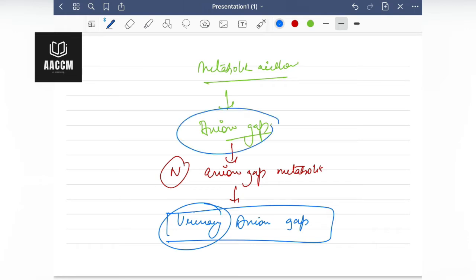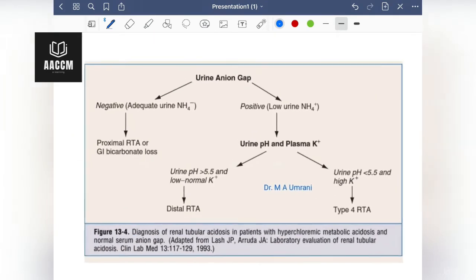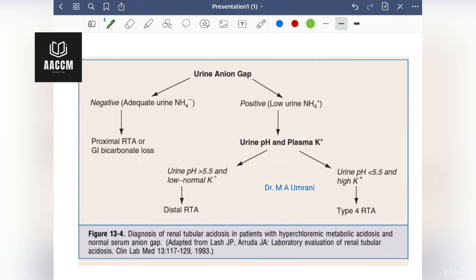The normal anion gap is the difference in the serum, and here we are taking it in the urine. So we have to calculate the urine anion gap. Usually the urine anion gap is negative because of the ammonium excretion from the body.